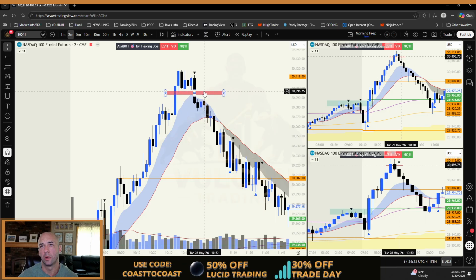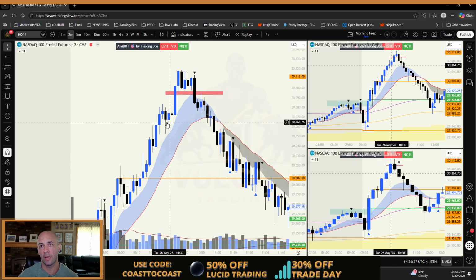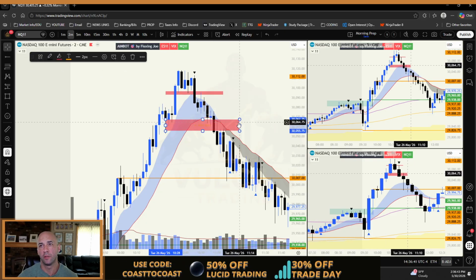So when we see that wick to wick over there, they wicked out of the zone, they're trying to push higher, and they fail, and then these ones get rejected. I really thought that we were going to hold in this particular area.